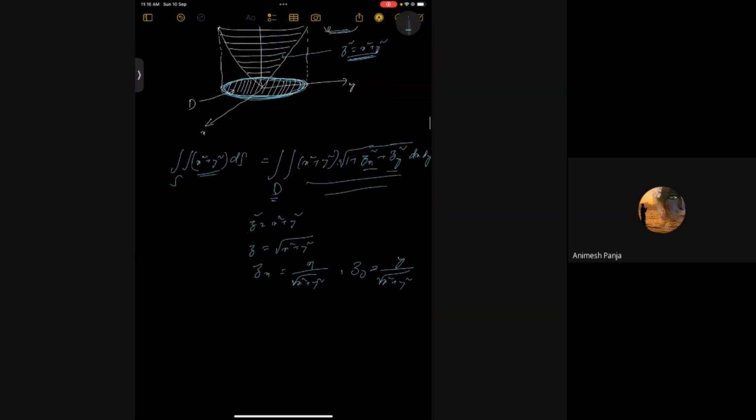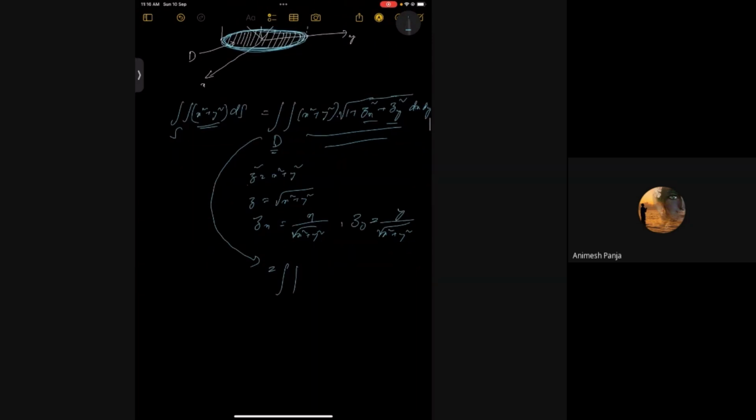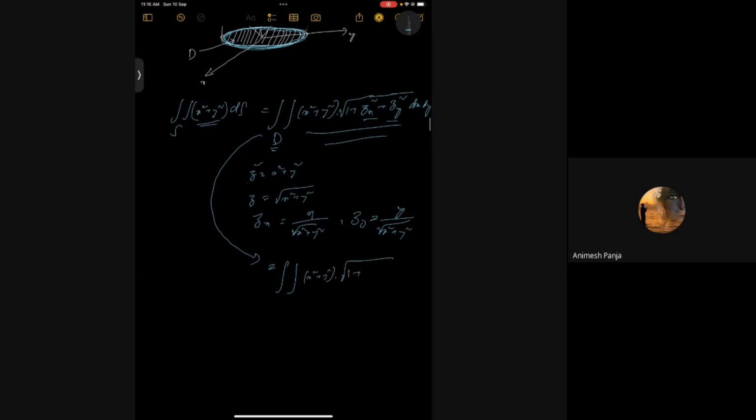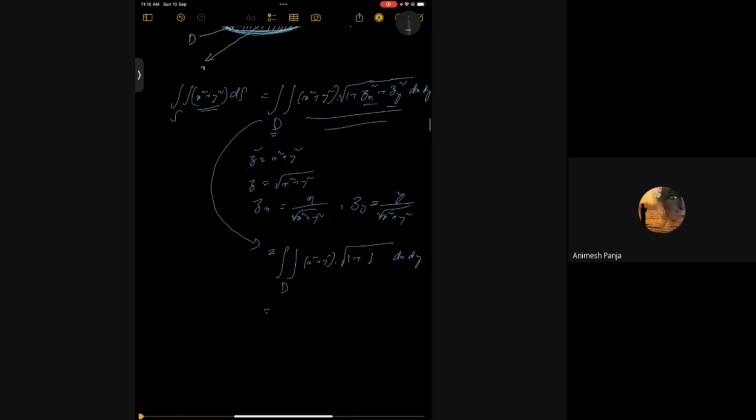So this whole expression is x squared plus y squared times the square root of 1 plus 1, dx dy over the planar surface D. The square root of 2, I pull it out. We get this dx dy over D.